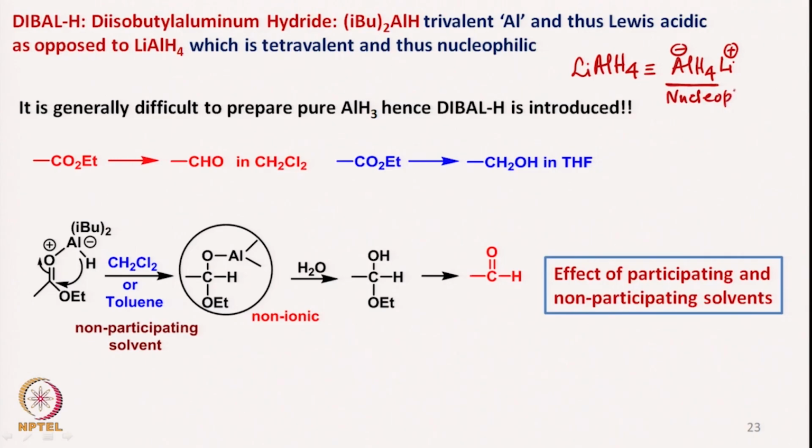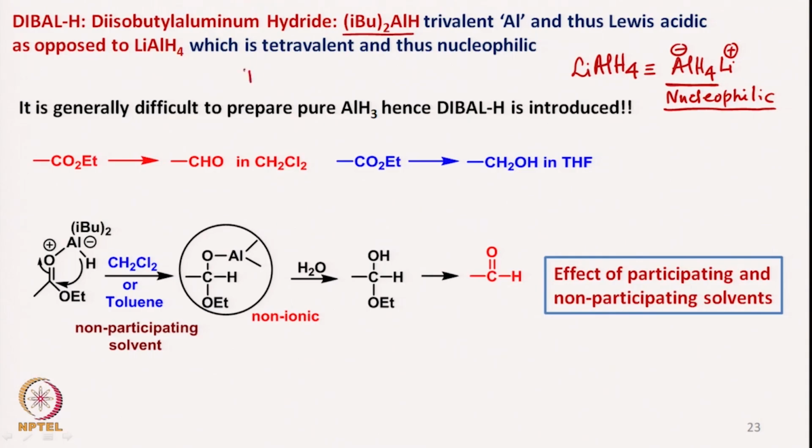Now if we look at the modifications that have been done in the literature and the different types of reagents introduced, one very interesting reagent is known as DIBAL, or diisobutyl aluminum hydride.